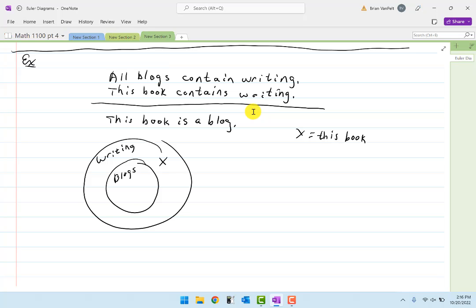The fact is we cannot make the conclusion that the book is a blog based on the assumptions I am making. So this is invalid. Because it is possible for X to not be inside blogs, but it's still inside of the writings. Let me attach possible. It's possible for X to be in writings, but not in blogs.